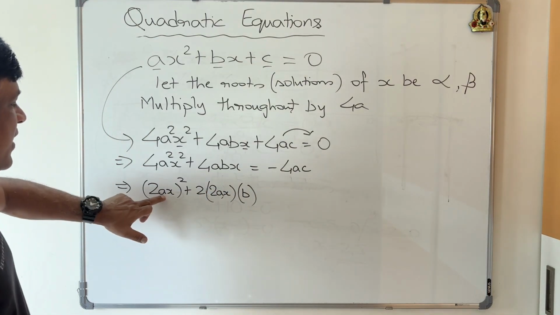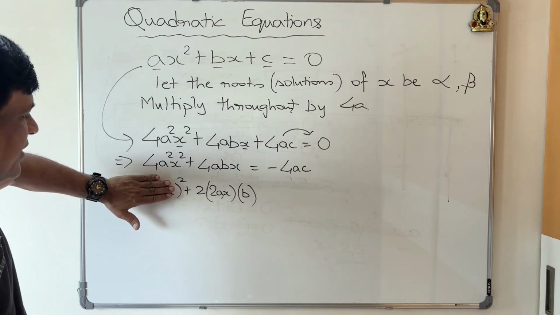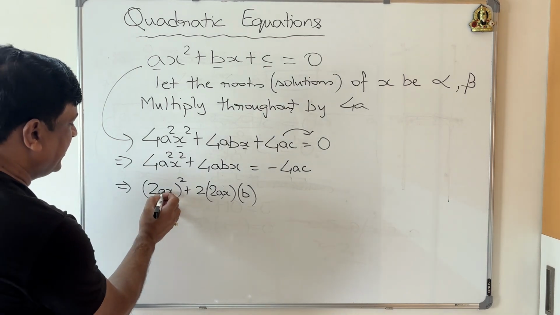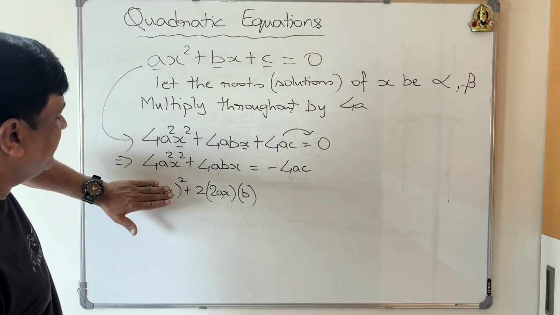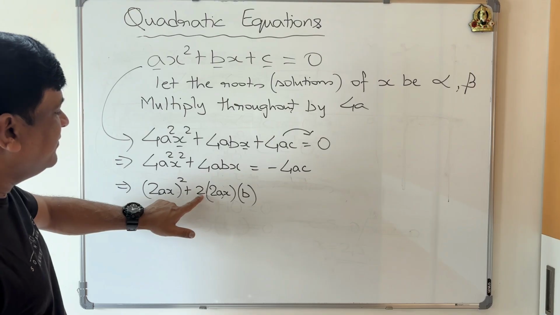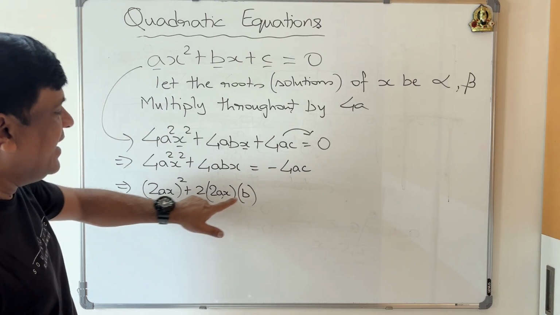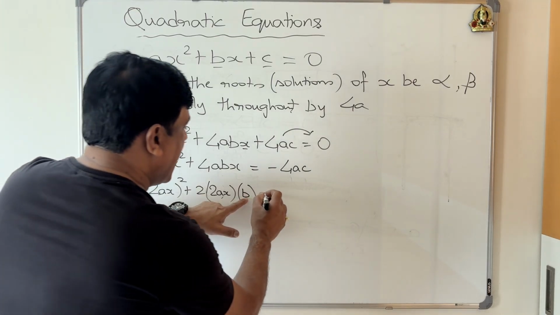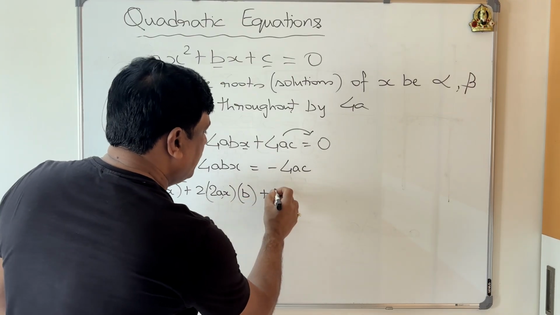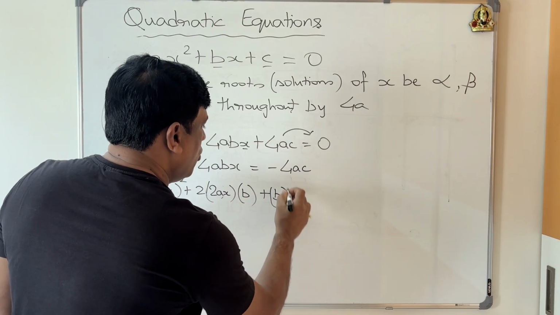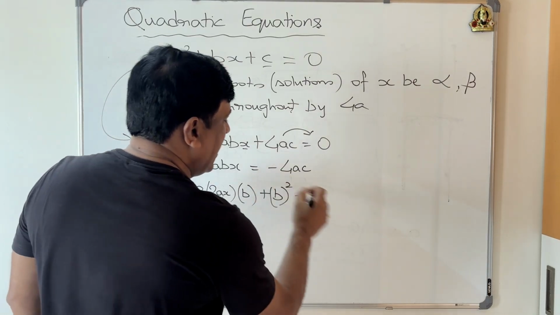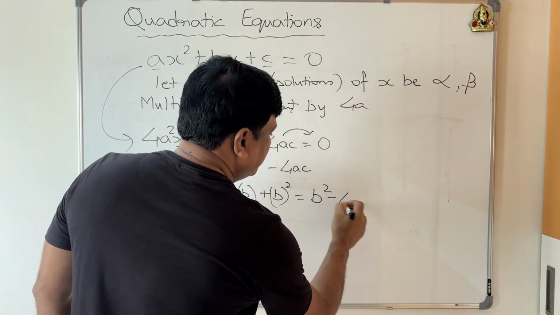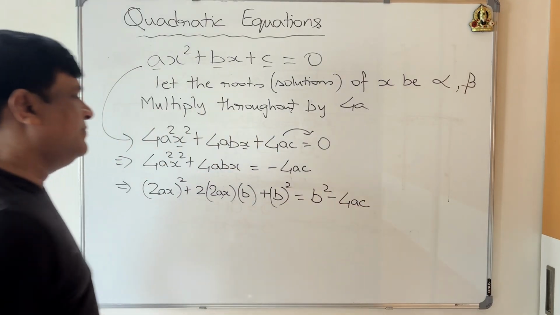If this is a for me, in whole square format, like m, this is 2 times m into n. Here n is b, so I need to include a b square to make it a whole square. Since I have included a b square here, I have to include a b square on the other side as well.